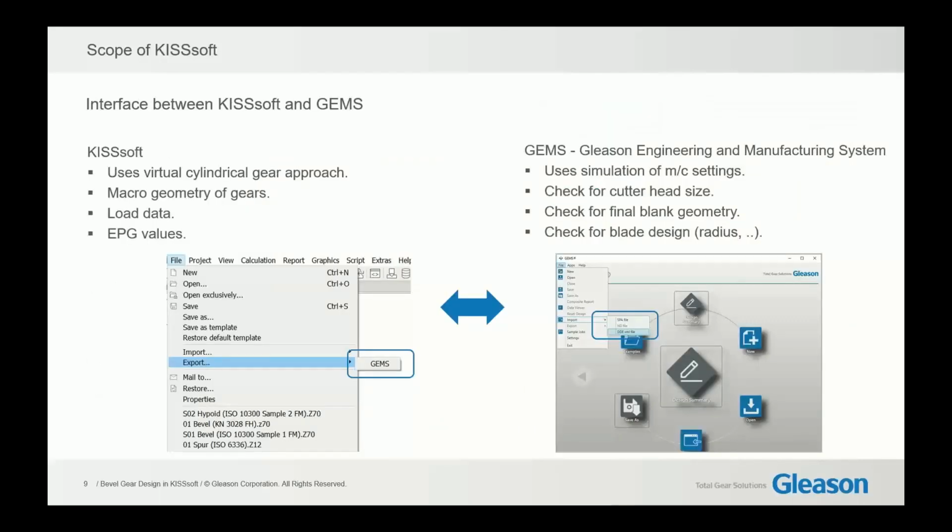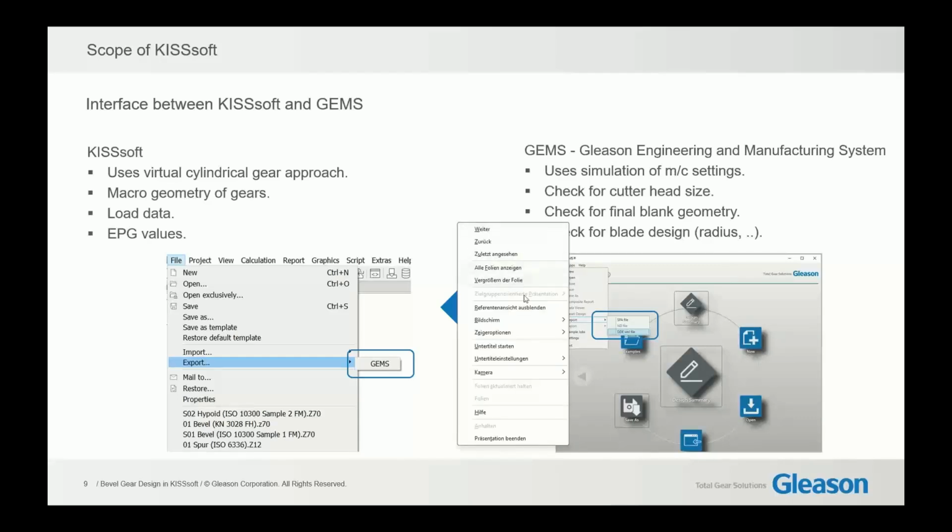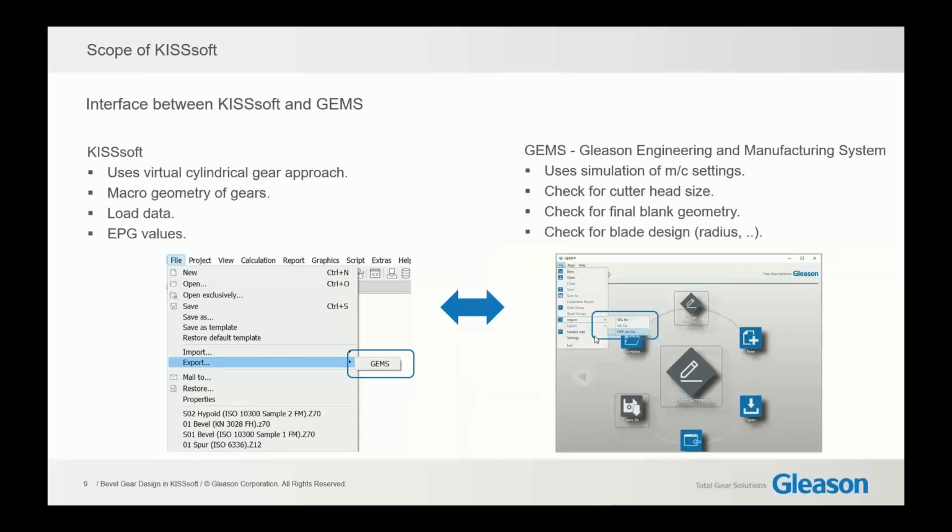I would like to comment a bit now on the 2 software which I mentioned, KISSsoft and the GEMS software. I would like to highlight that KISSsoft uses a virtual cylindrical gear approach, whereas the Gleason engineering and manufacturing system software uses simulation of machine settings.